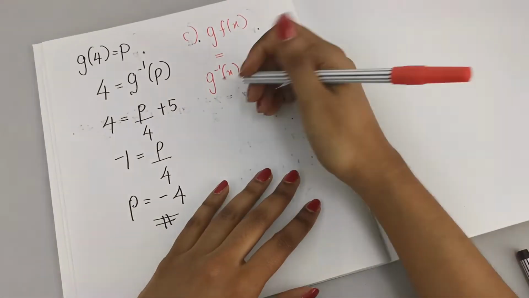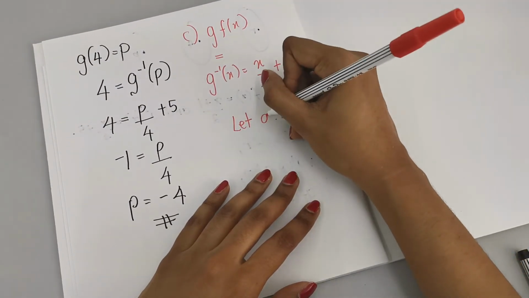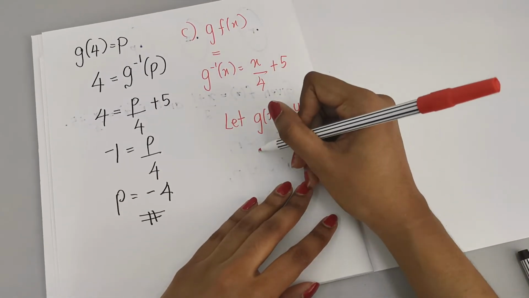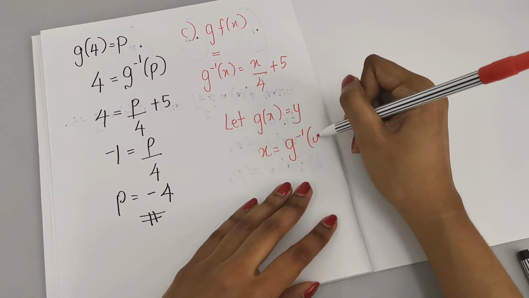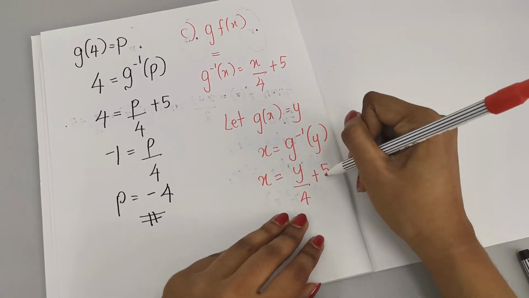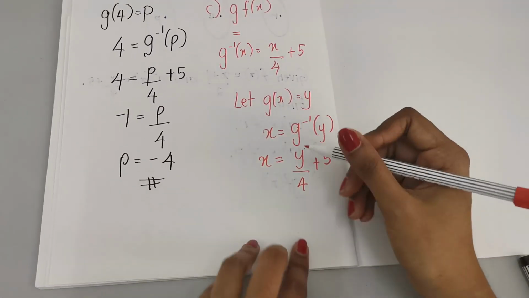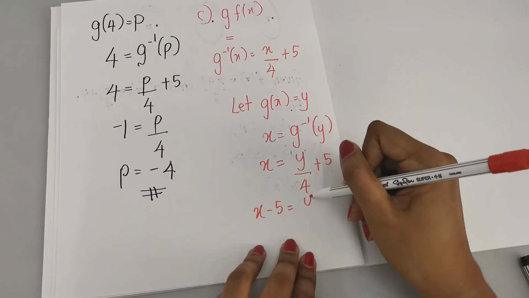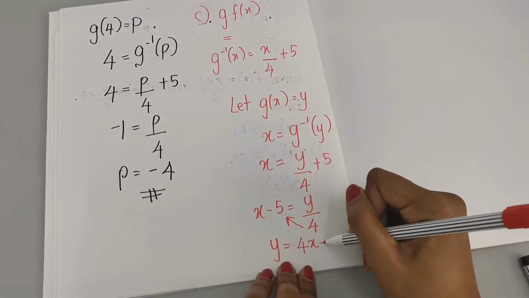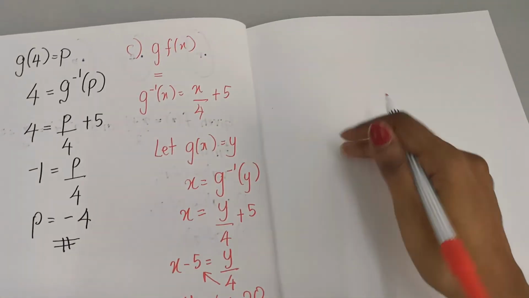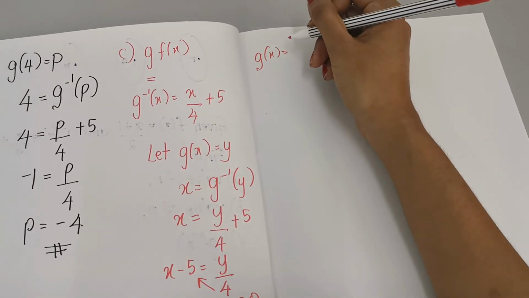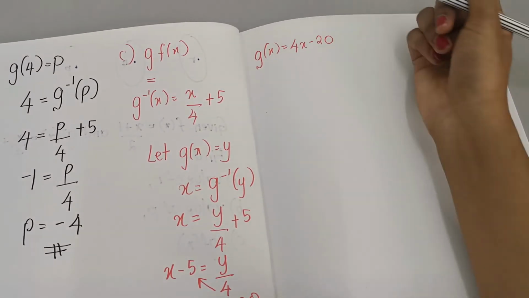So we let g(x) equal y. Then x is the inverse of y, so x is y over 4 plus 5. Now we find the value of y. So x minus 5 is equal to y over 4. Cross multiplying, y is equal to 4x minus 20. So we already obtained y, which means our g(x) is equal to 4x minus 20.